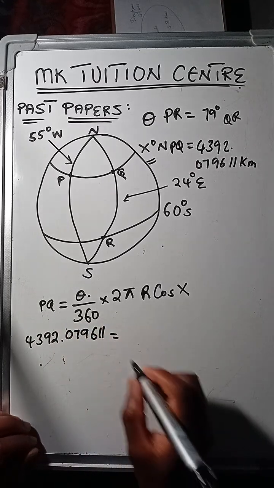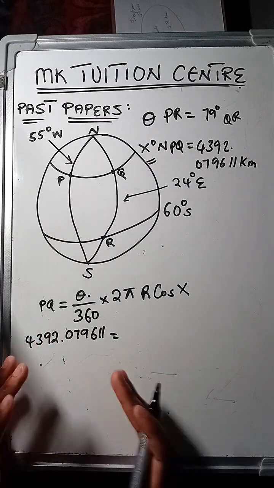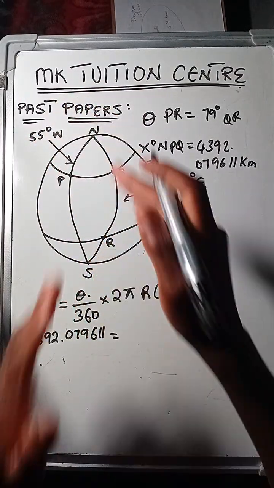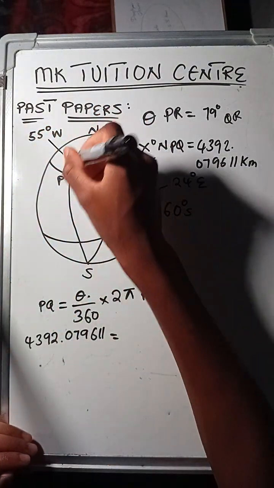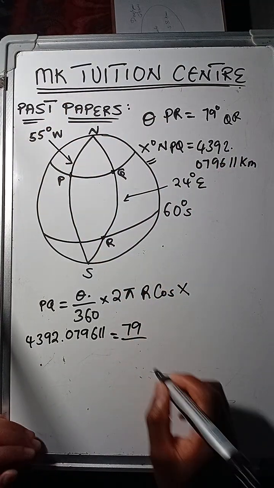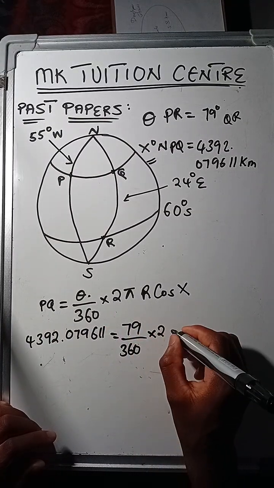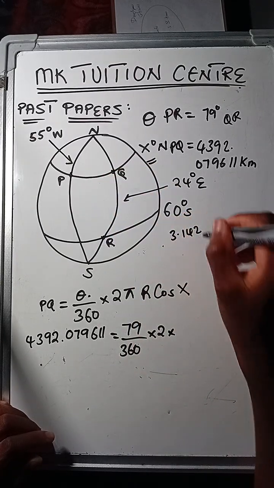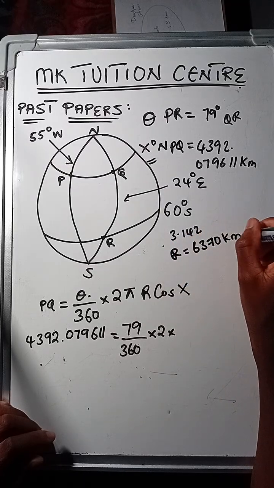So PQ, which is the distance, we have it as 4392.079611 equals theta. We're talking about P and Q. So what is different between P and Q? P is on this longitude and Q is on this longitude. So we're looking at the difference in terms of their longitudes. This one here is on 55, this one is on 24. So we're going to have 79 as theta over 360 multiplied by 2 pi, which in the question has been given as 3.142, and r has been given as 6370 kilometers.